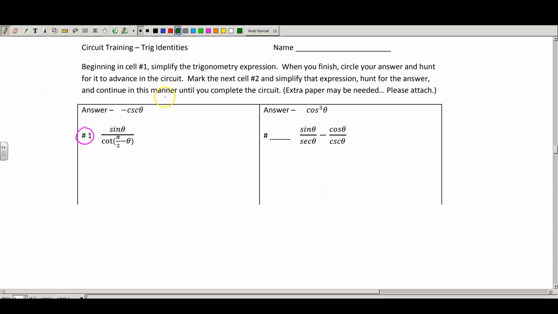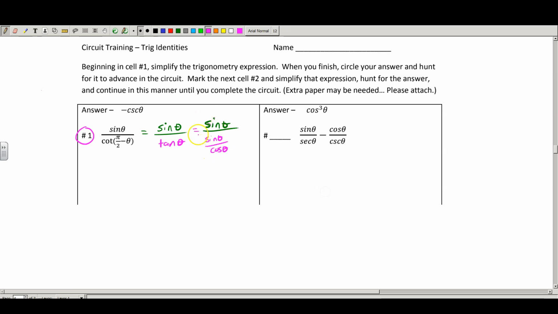So if we did this problem, we would go down the route of sine theta over tangent theta. And then I would just keep going through my strategies. I would take tangent and switch that to sine and cosine. So this is equal to sine theta over, and tangent is sine theta over cosine theta.